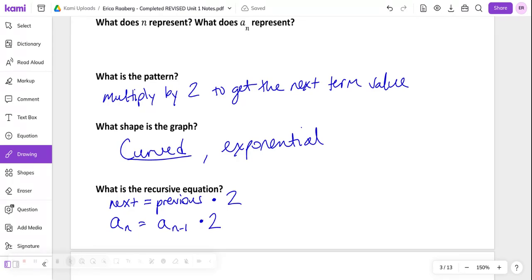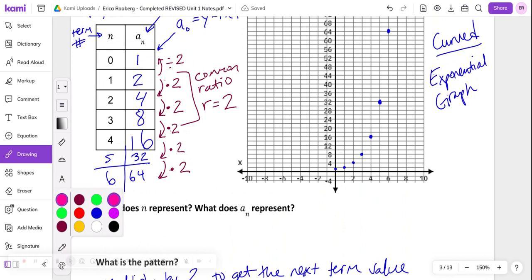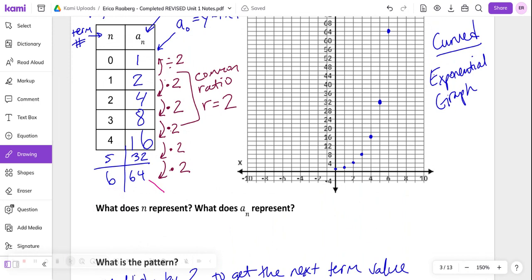And again, I explained more about what a sub n and a sub n minus 1 is in section 1.1, but just really quick here. If I have a sub 6, then that's going to equal a sub 5 times 2.